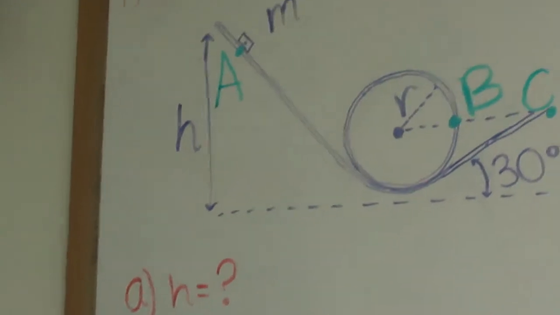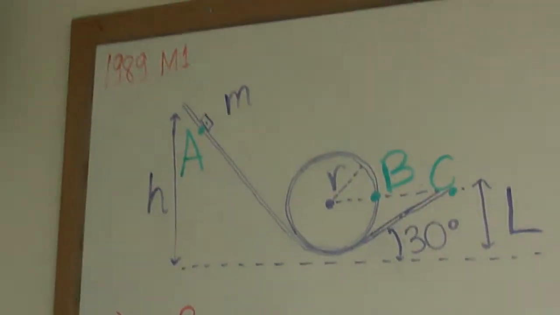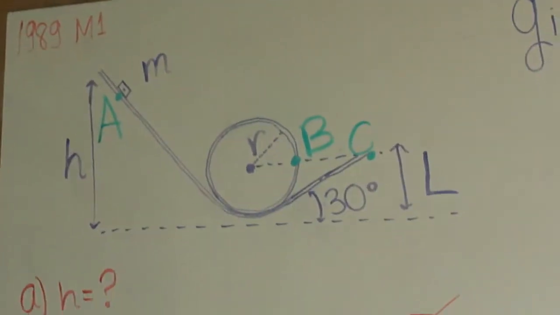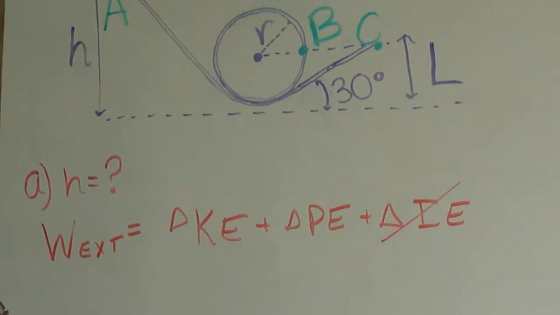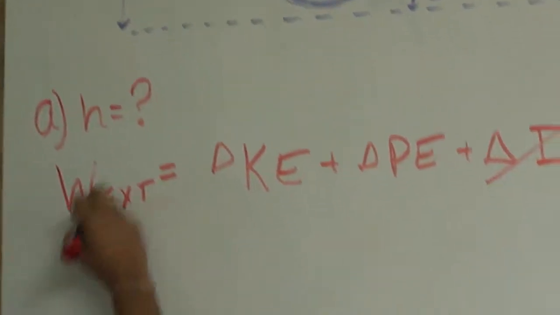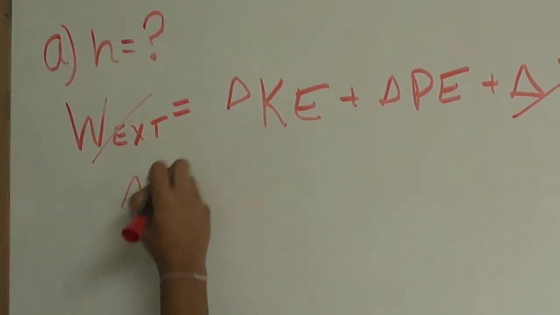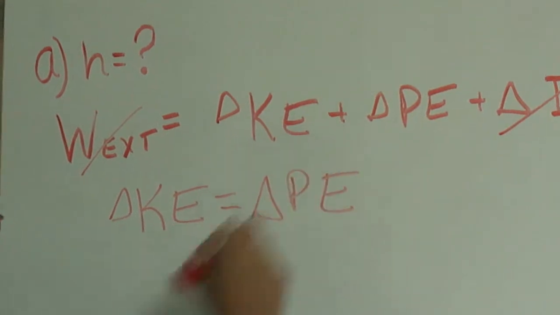This problem does not have internal energy because there is no friction, and they state that the air resistance is negligible. So ultimately we get this crossed out, and the change in kinetic energy equals the change in potential energy.